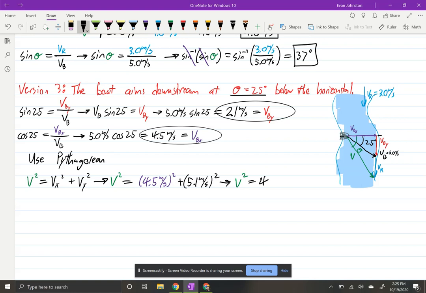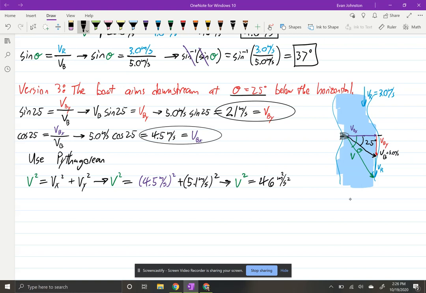I think 46, and then some change. But since we're just going to keep it to 2 sig figs, we will just leave it at that. So I'll have 46 meters per second squared.